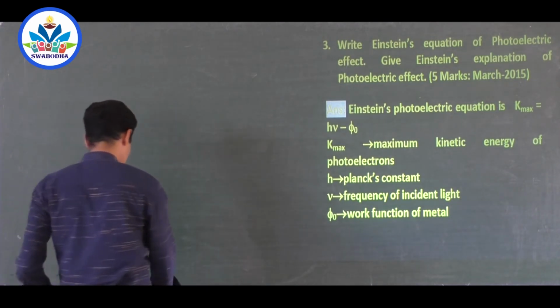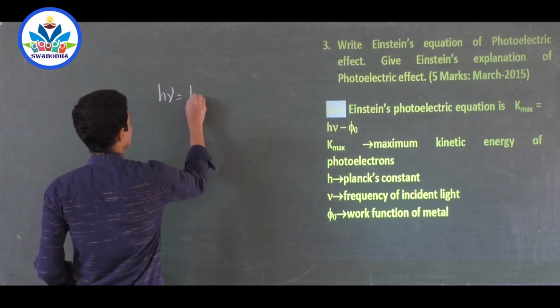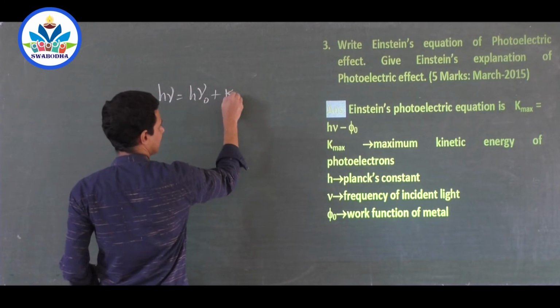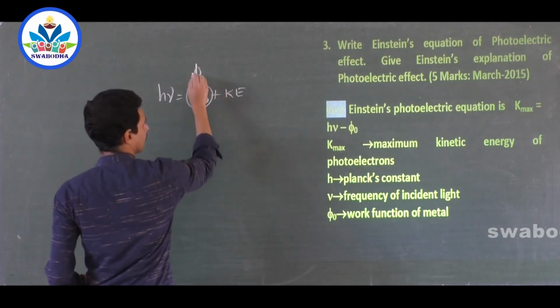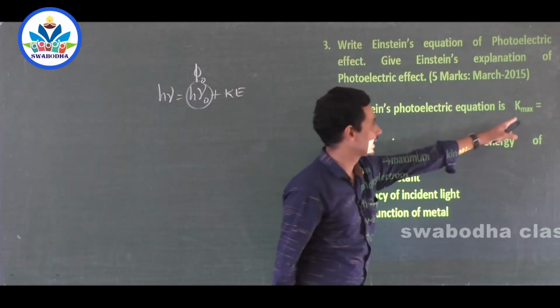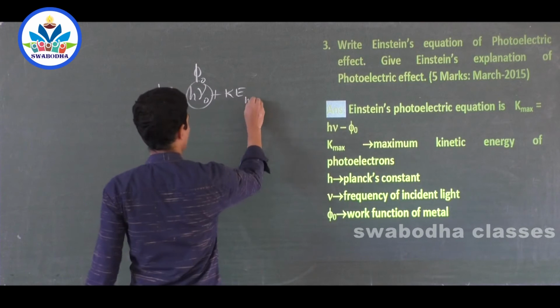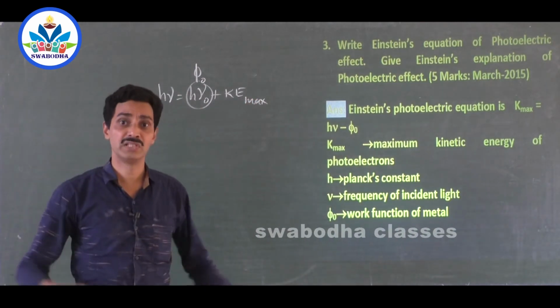First, Einstein's photoelectric equation: h nu is equal to h nu naught plus kinetic energy. h nu naught is the work function, the minimum energy required to remove the electrons. But what is the kinetic energy? Kinetic energy maximum. We are interested in that electron which is more energetic.